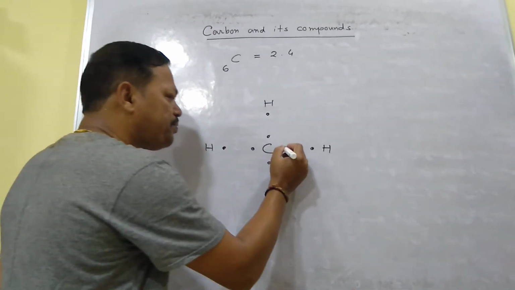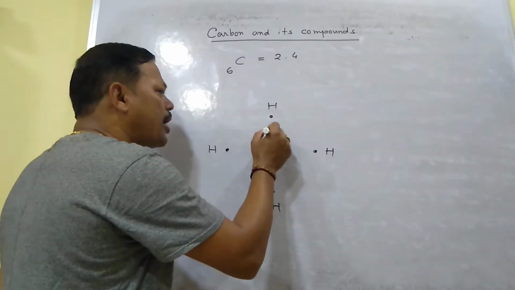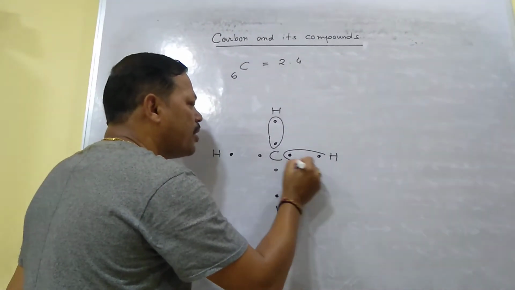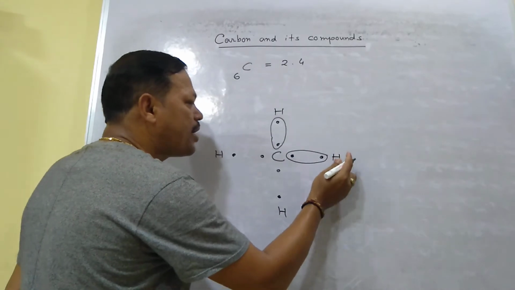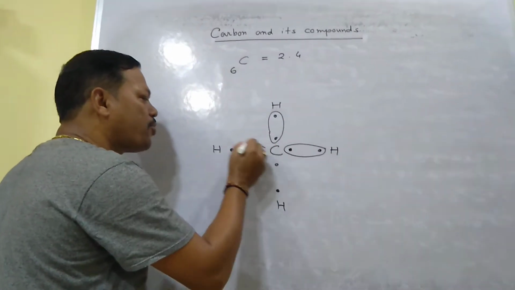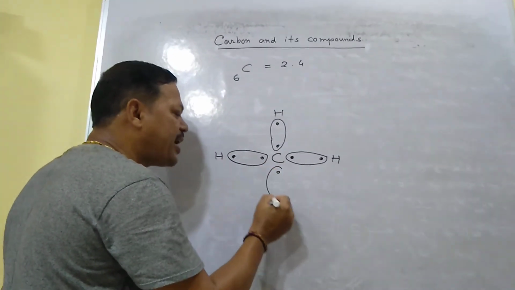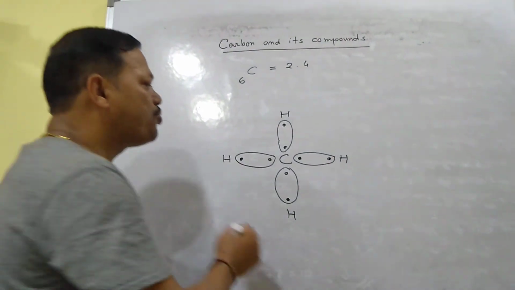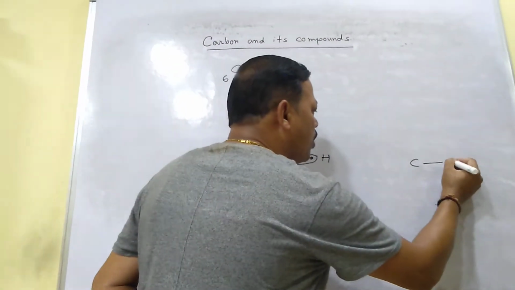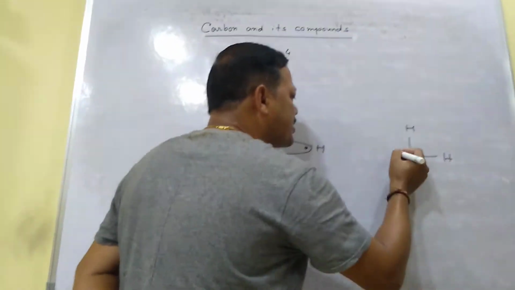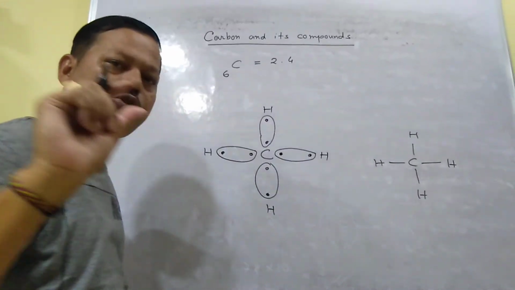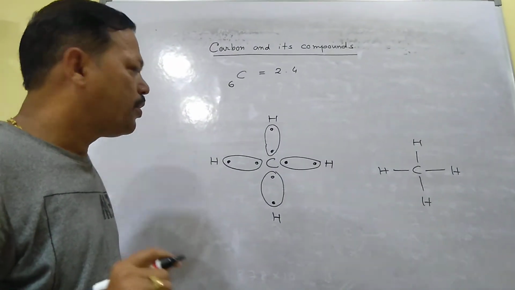So what will carbon do? Carbon undergoes sharing with the hydrogen electrons. I mean carbon will take the hydrogen electron, hydrogen will take the carbon electron. This is called sharing of electrons, and sharing of electrons always produces a covalent bond. So that is why carbon always produces 4 covalent bonds like this. One pair of electrons produces one bond, I mean a single bond.